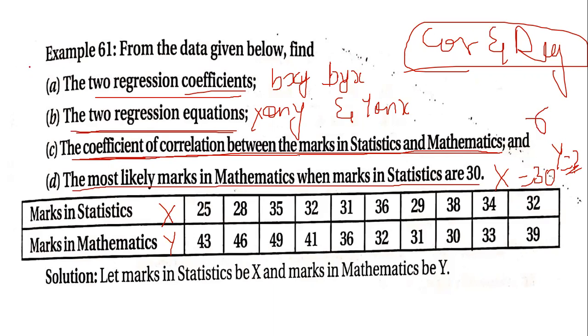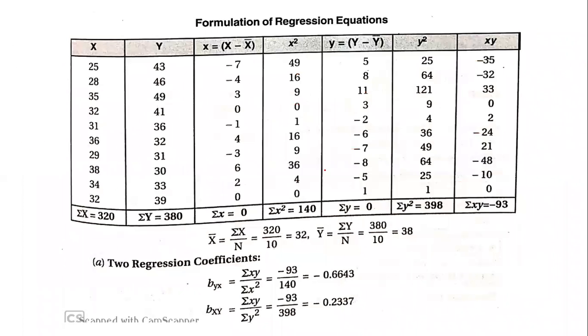This is all you have to find. Now coming to the data, they have given us marks in statistics and marks in mathematics. Let us take marks in statistics as x and marks in mathematics as y. Now let us see what we'll have to do.